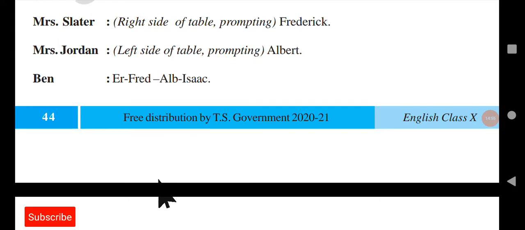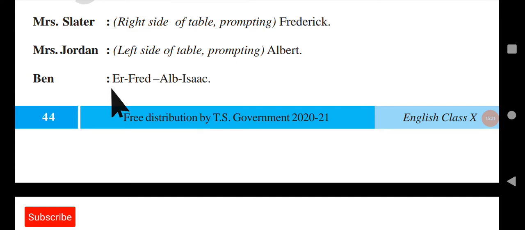Ben says Fred, Isaac because he's trying to bring some name into his mind, since he doesn't have the idea that this question will be posed to him. He's not ready for this question. So he tries to remember some other names, and he finally says Isaac.